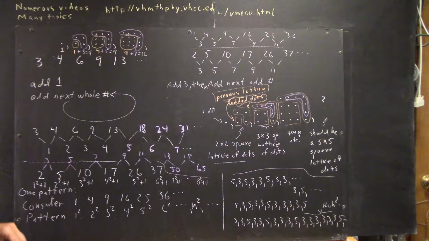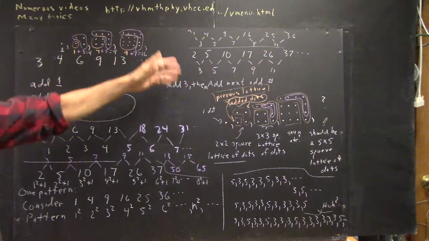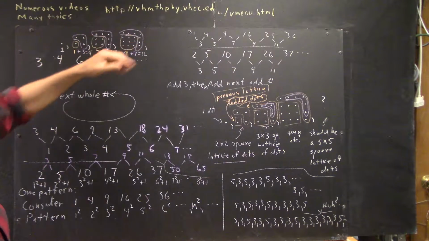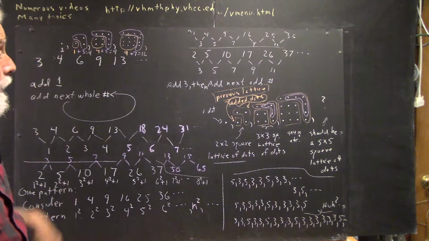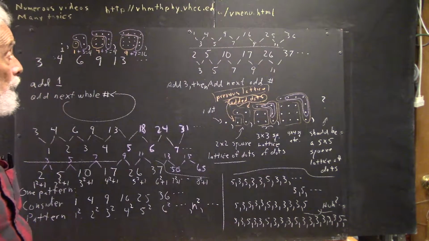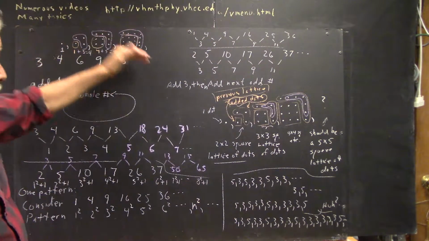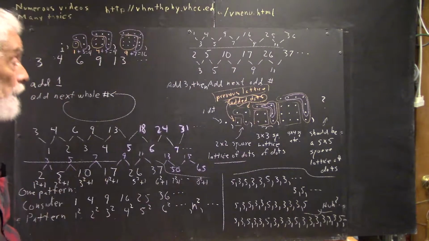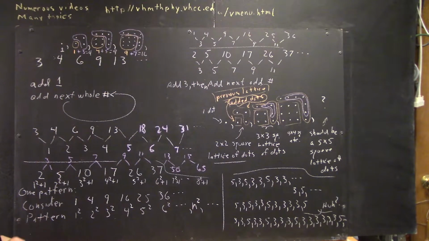So I've established a pattern, a geometric pattern, and that geometric pattern is identical to the pattern I get here. Now the geometric pattern has explanations, but this one doesn't. Okay?